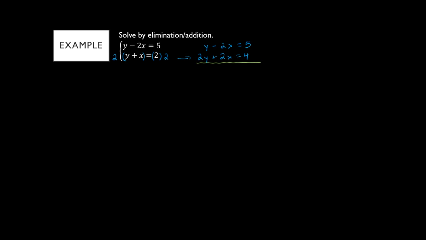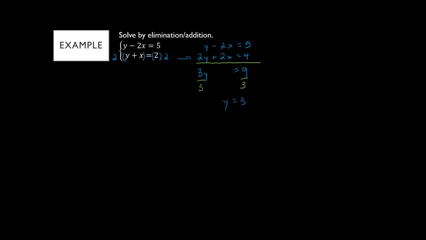And we're adding them vertically. So y plus 2y is 3y. -2 plus 2 is 0, so that x is eliminated. 5 plus 4 is 9. So now I have 3y equals 9, and I'm just solving for y. So I divide both sides by 3, and this gives me y is equal to 3.